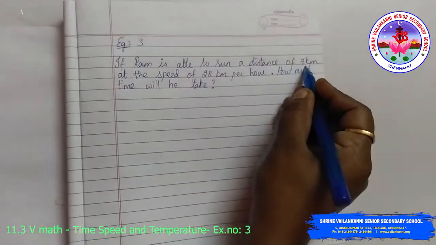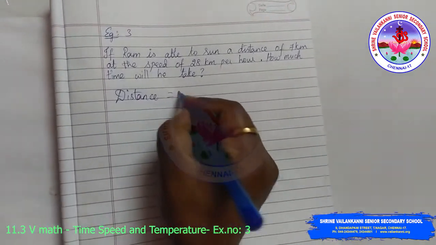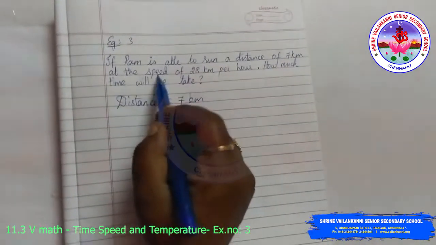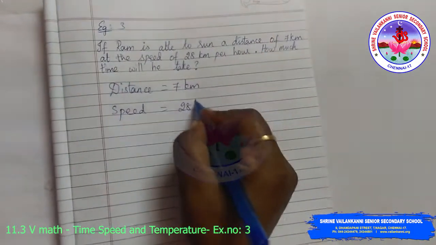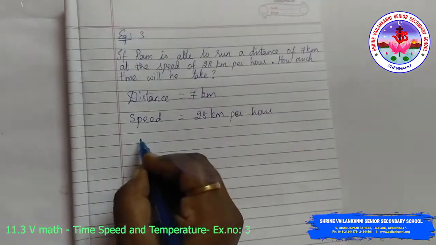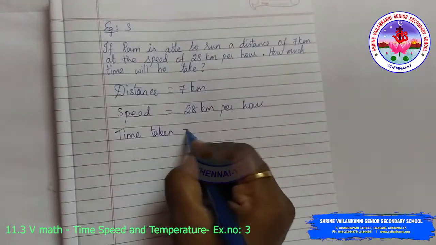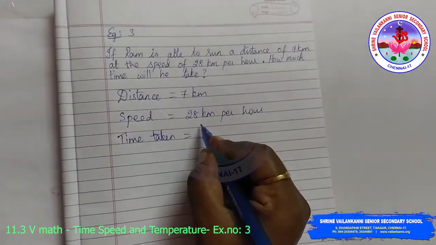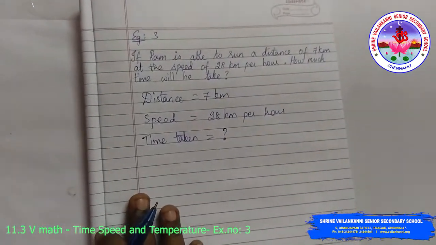So the distance is given, 7 kilometer, and the speed is given, 28 kilometer per hour. So we are going to find the time taken, in how many hours and minutes the 7 kilometer can be reached.